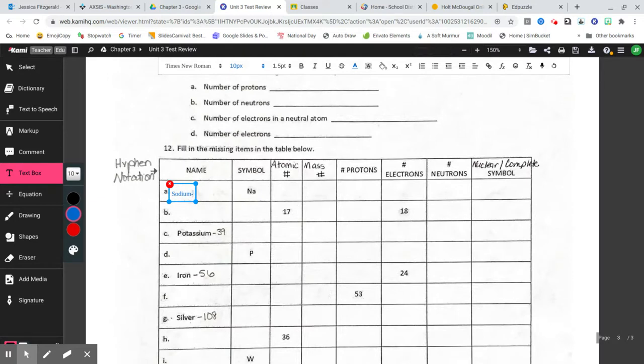Isotopes. Remember, an isotope is where your atomic number stays the same, but it's your mass that's going to vary. And this number is going to reflect that isotope's mass. And remember, the mass that you're given may not be the mass that appears on the periodic table for that particular element.